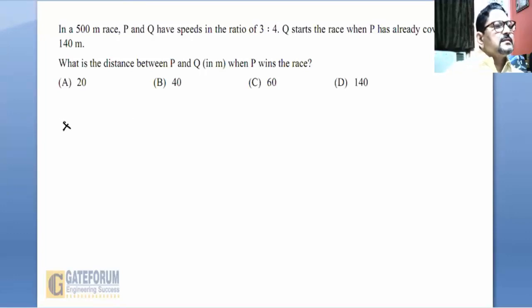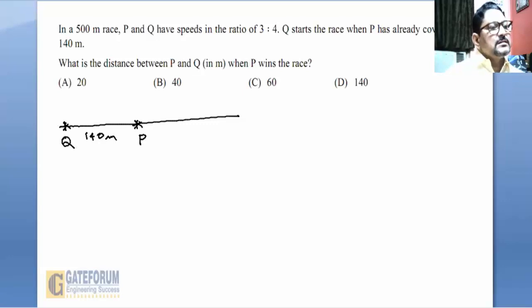So when the race starts, it's somewhat like this, that P has already covered some distance, which is 140 meters. And at that point of time, Q starts. So the race begins with the speed of P and the speed of Q being of the ratio 3:4. So we can take the speed of P as 3k and that of Q as 4k.